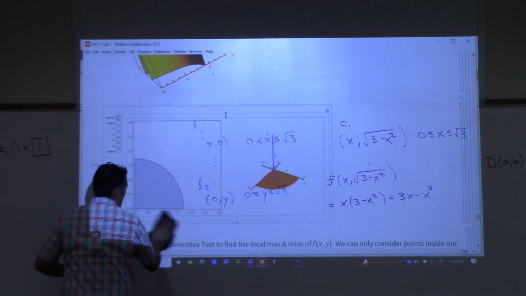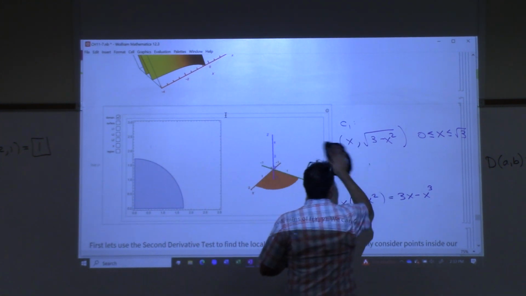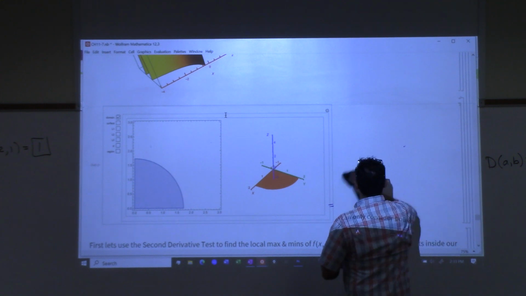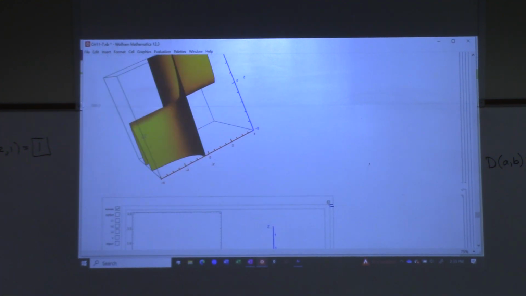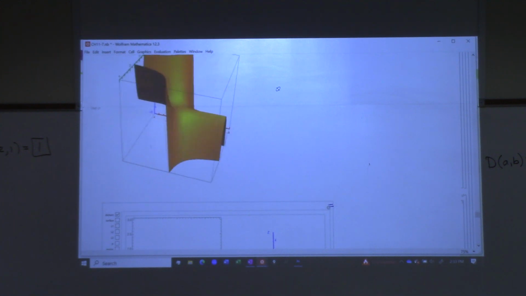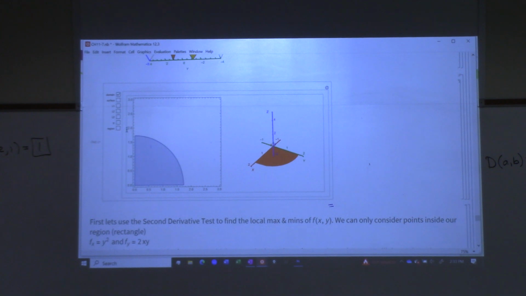All right, so here's the animation. So we have this really cool looking surface. And then we're restricting it to just that circle, so our semi-quarter circle. So there's the original surface. Y'all see a little quarter circle down there?